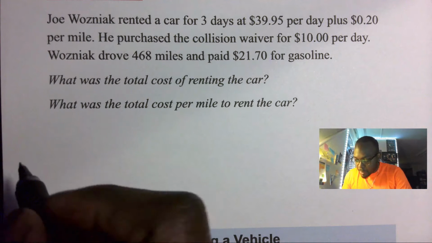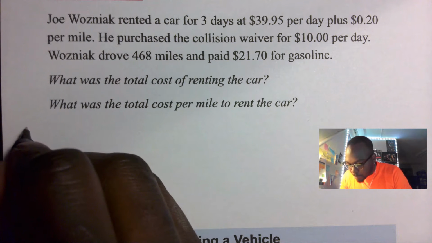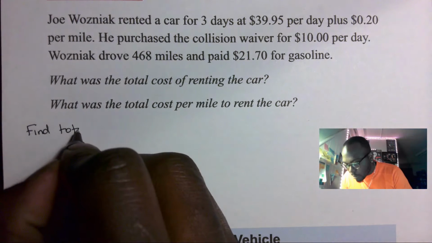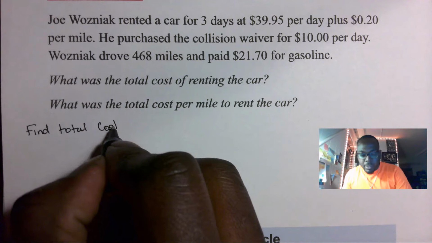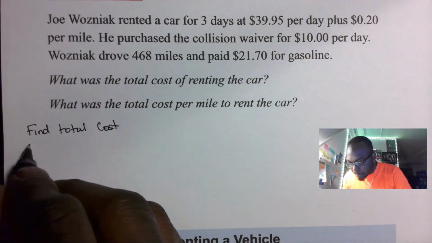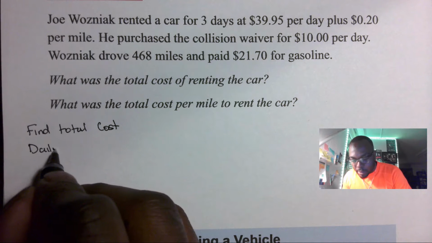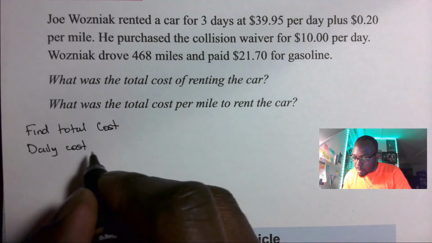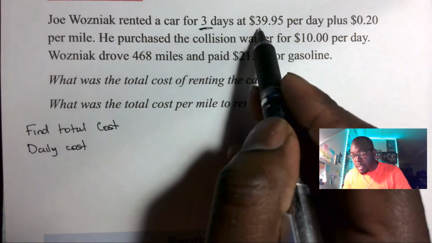So the first thing we're going to do is find the total cost. Based on what he says, we're going to figure out what the daily cost is, which is for 3 days, and this is the cost per day.